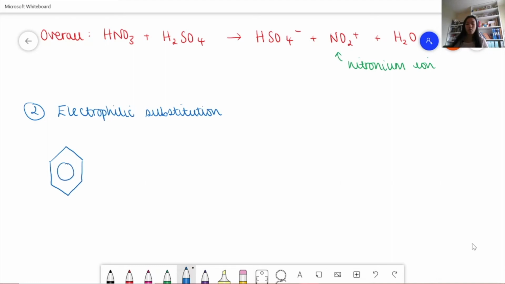And then we have the electrophile, which is the NO2+. So we have NO2, and I'm going to draw a plus onto the nitrogen. And now if you remember, because we have these delocalized electrons in the benzene, this is an area of high electron density, and so it attracts the electrophile. And so delocalized electrons move towards this positive charge of the electrophile, the nitrogen on this nitronium ion.